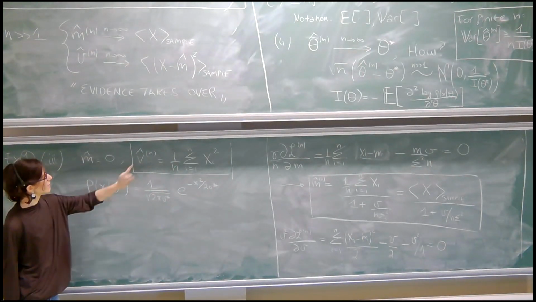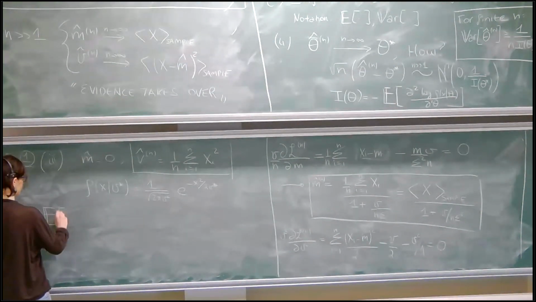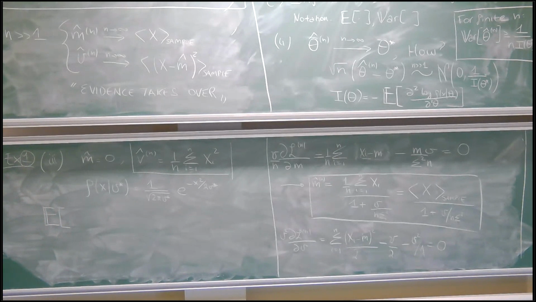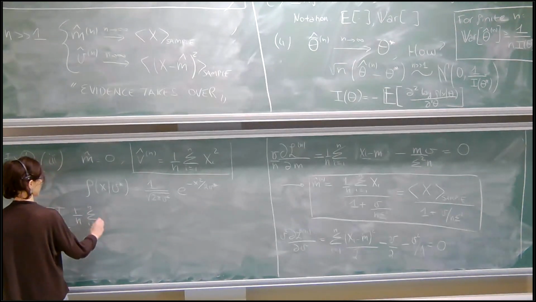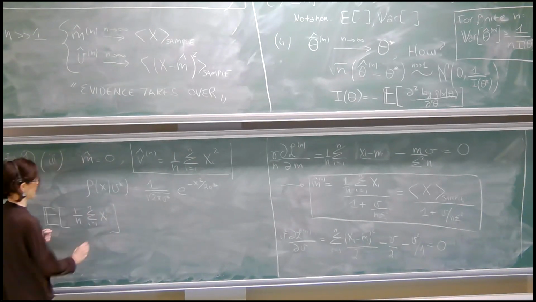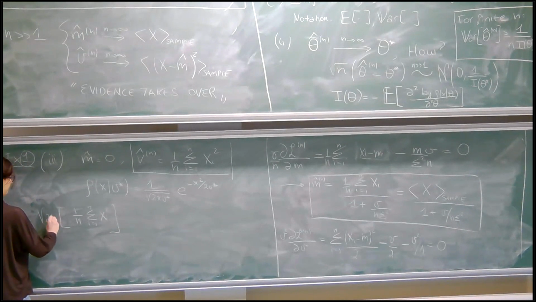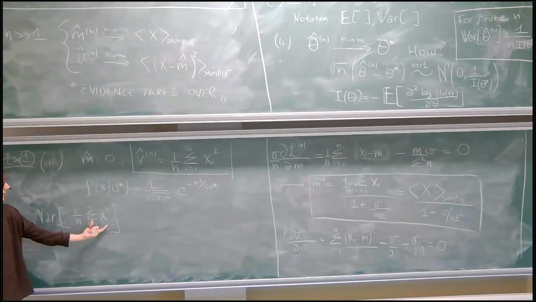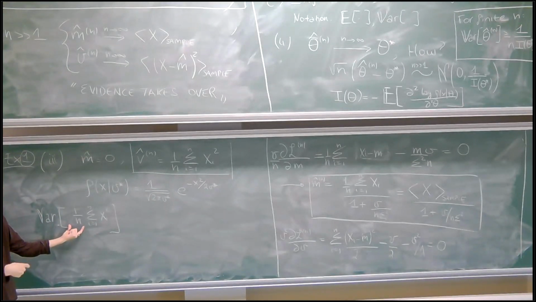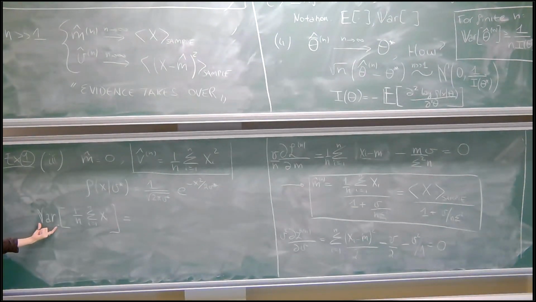Okay, so let's compute the average of this estimator with respect to this distribution. As I said before, I denote it like this expectation value. So I have to compute the expectation value of this sum. Sorry, the variance. Now I use the property of the variance. The variance of a constant times your random variable is the constant squared times the variance of your random variable. And moreover, the variance is linear, so the variance of a sum is the sum of the variances.